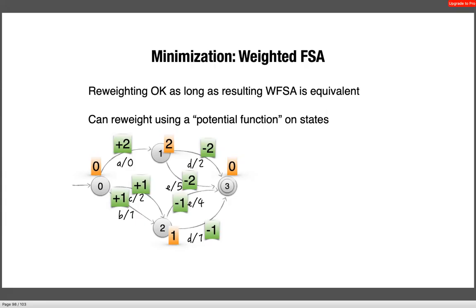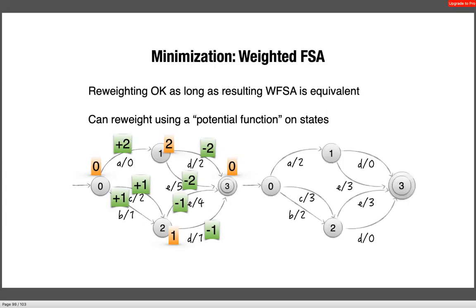which are marked in green. And now the reweighting of all the transitions is, whatever these weights are in green, you just add that to the transition weights. So now the new weight for this particular transition becomes +2. The new weight for this particular transition becomes 0 because you started off with 2 and now you have this -2.